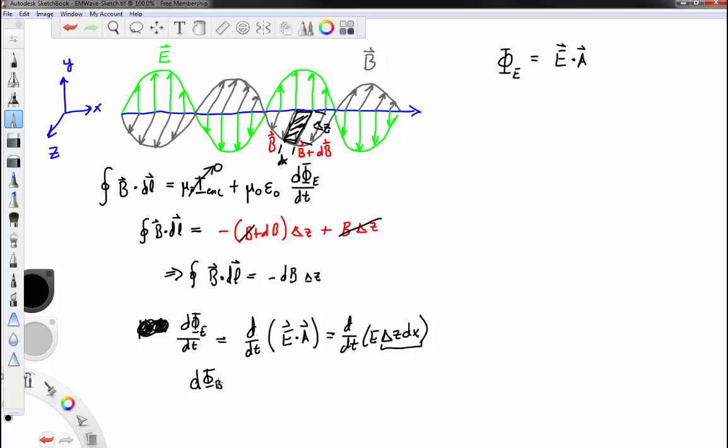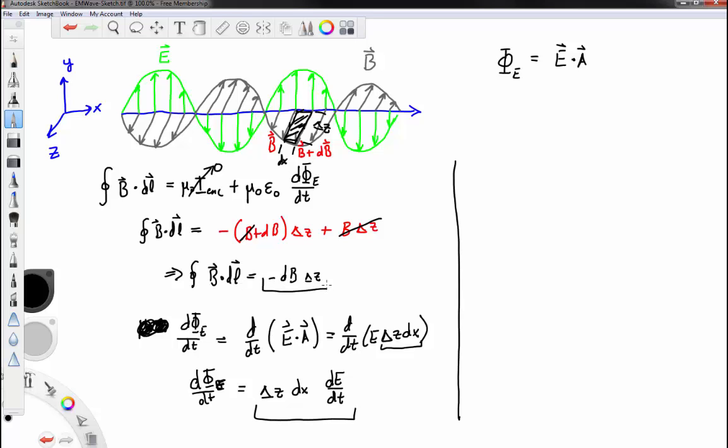The derivative of the flux of the electric field with respect to time is equal to delta Z times dx times dE by dt. Alright, so now we use the Ampere-Maxwell equation and set these equal to each other. So this right here and this right here must be equal, as long as we remember our constant mu naught epsilon naught.